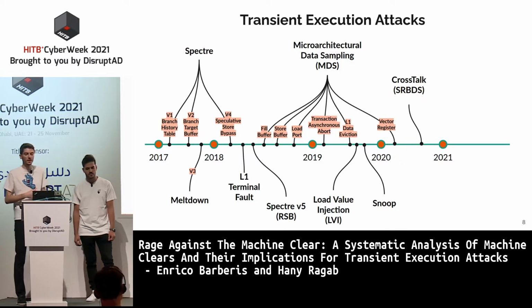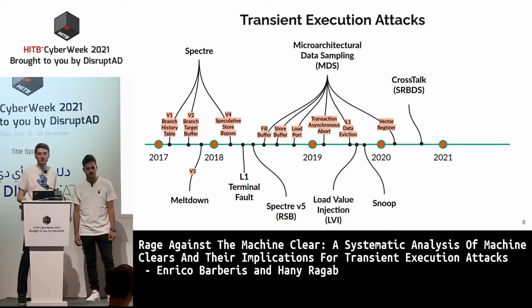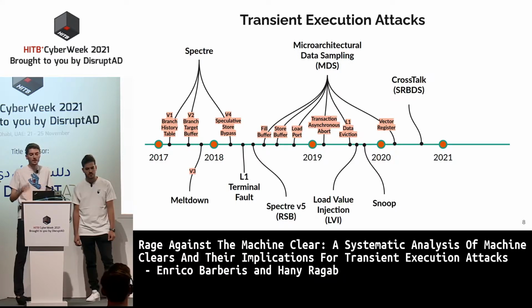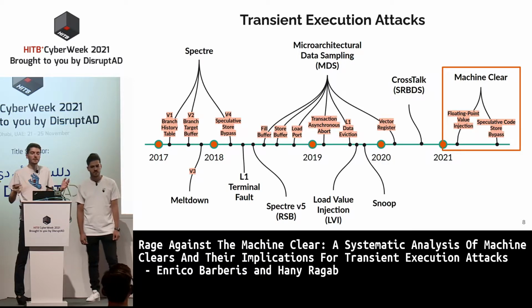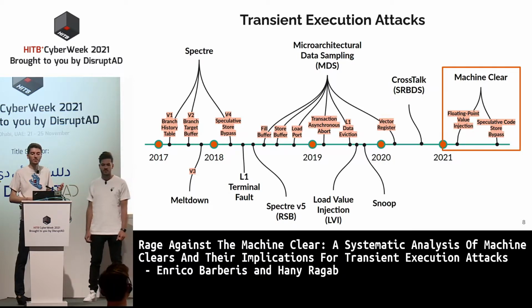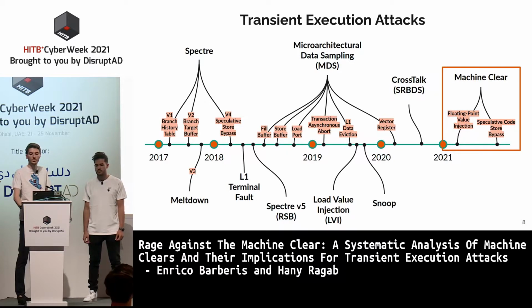For example, we had RIDL, Load Value Injection, and many other attacks. Then, after 2020, we even crossed this border by leaking across multiple cores on the same CPU die. And now, we are presenting two new complete attack primitives, named Floating Point Value Injection and Speculative Store Bypass, that we are going to present today.